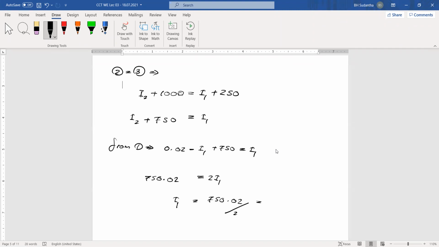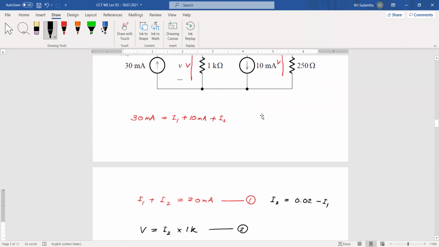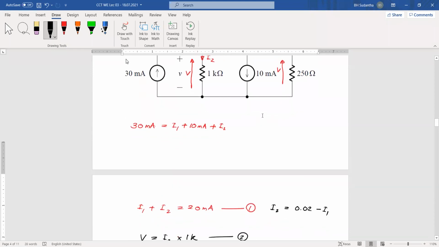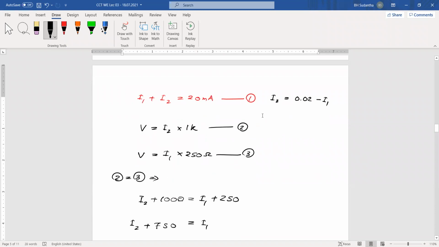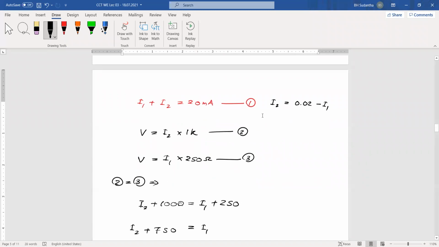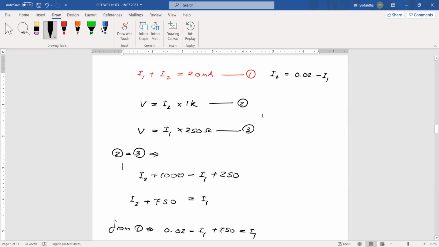Excuse me, sir. Yes. Something wrong, sir? Yes, sir. When you equate 2 and 3, it's I2 multiplied, right? Not plus, no? Sorry, which one? When you equate the equations. Sorry. Thank you very much.